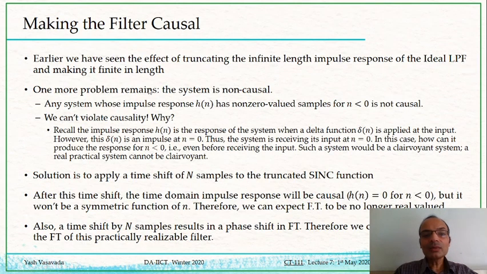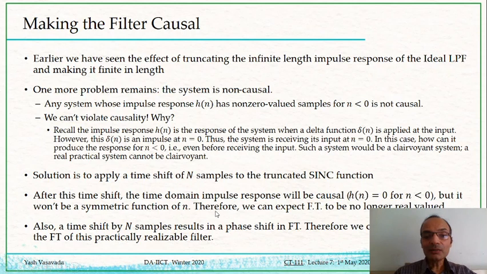So the second problem, that the system is non-causal, can be solved by applying a time shift of capital N samples to the truncated filter impulse response. And after the time shift, this system will be practical. It will have finite length because we truncated it, and it will be causal because we shifted it in time.